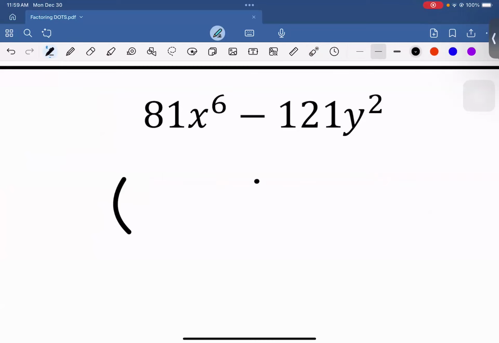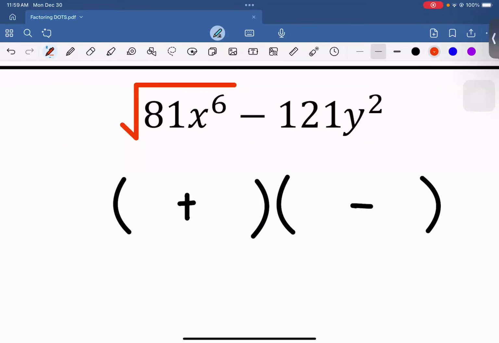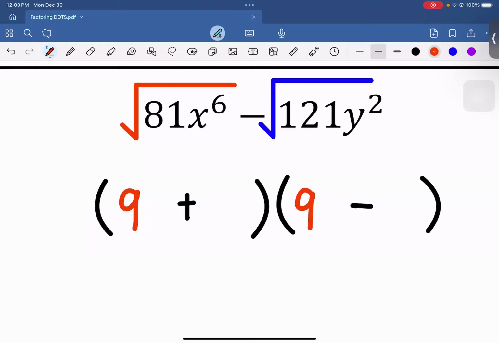So again, my parentheses, my plus and minus goes in the middle, and we should be drawing those square root signs on both sides. Let's do the red one first. We just did this. The square root of 81 is going to be 9. It's going to be a 9 on each side.